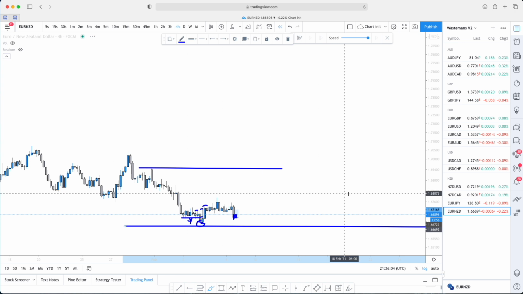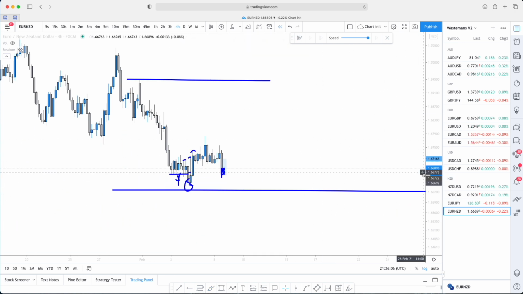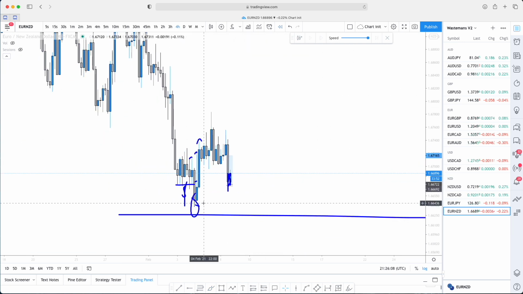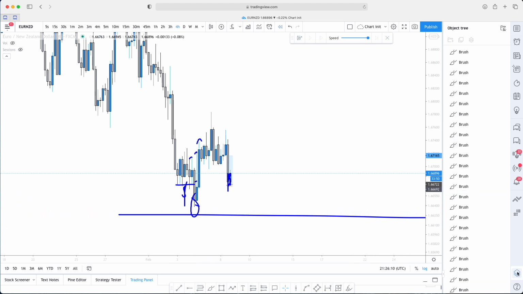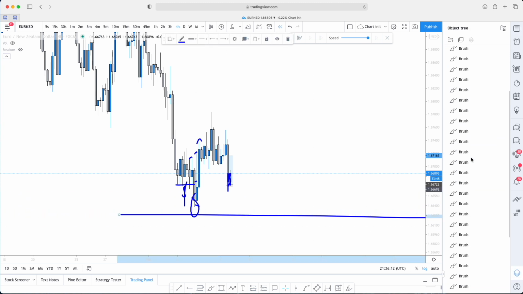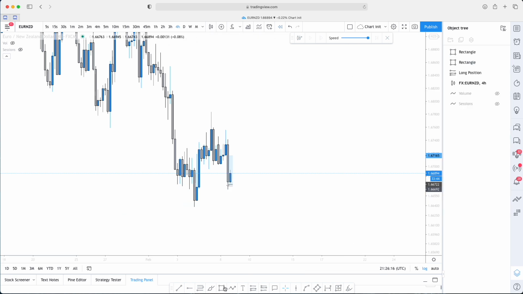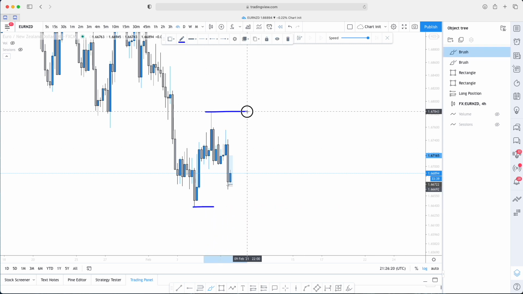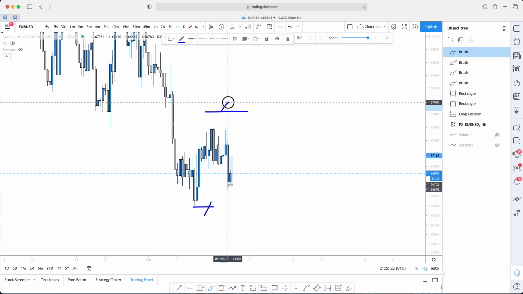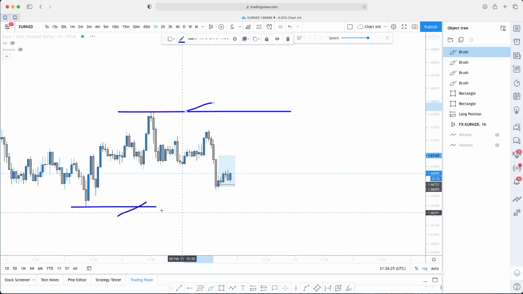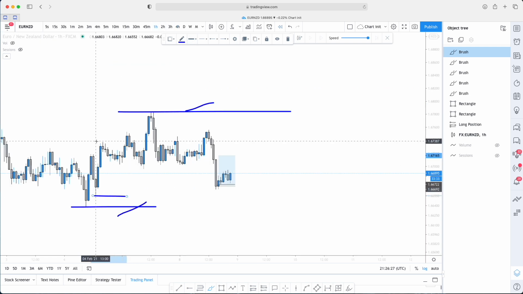On the 4 hour, because we did break bullish, remember, our range at this point is going to be from this low to that high. So that's our invalidation points. And then on the hourly, what we formed is obviously from this low to this high.